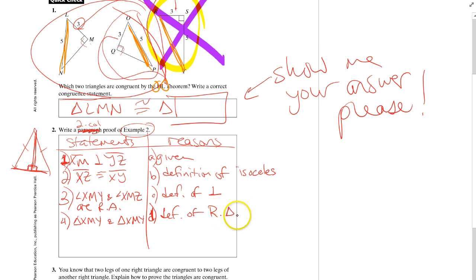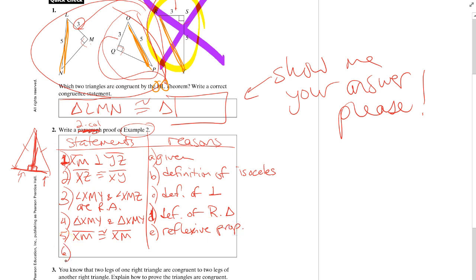R stands for right triangle there. And what's the last thing I need? I don't know anything about these sides down here, but I do know something about this side, which will be called a leg for each of these triangles, and that would be that XM is congruent to itself. That would be a reflexive property.